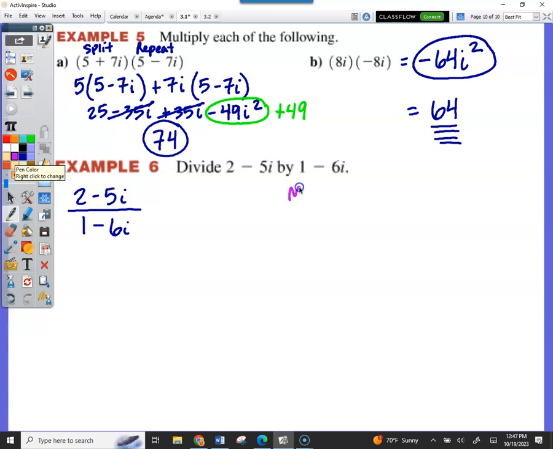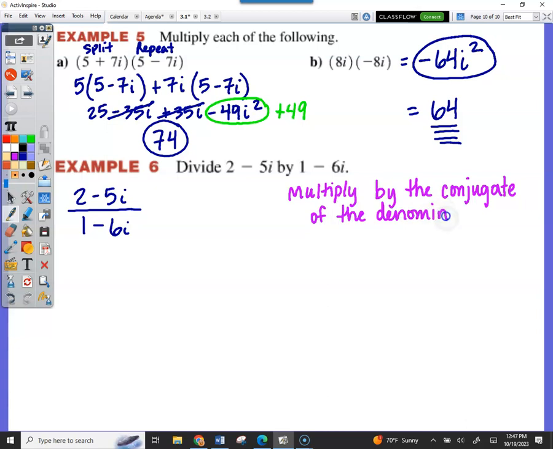To do that, multiply by the conjugate of the denominator.